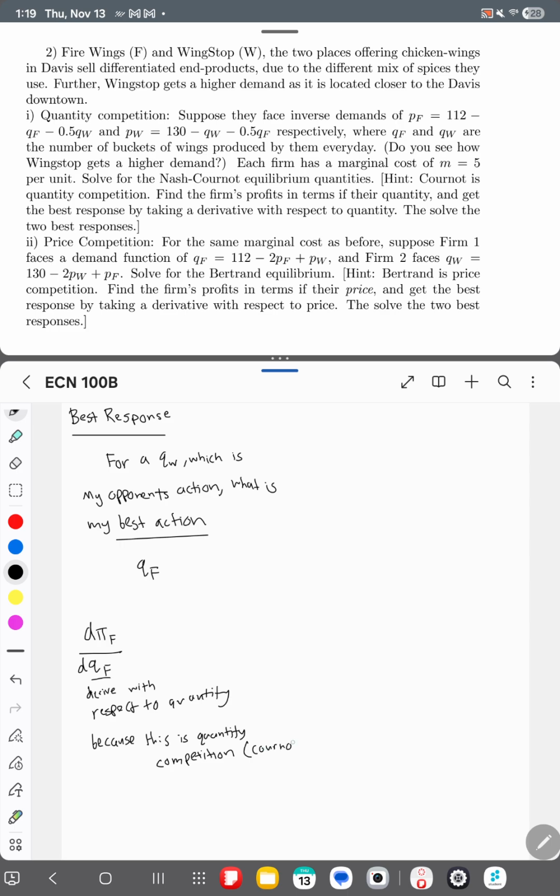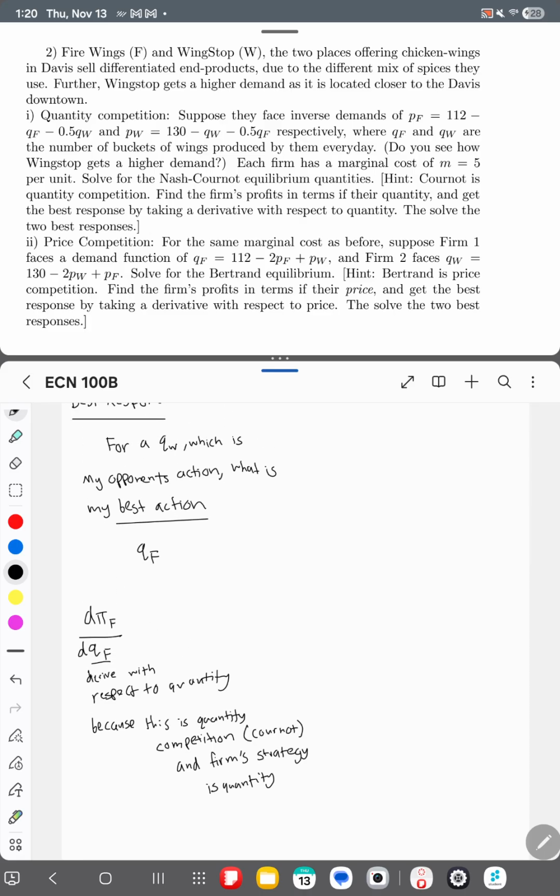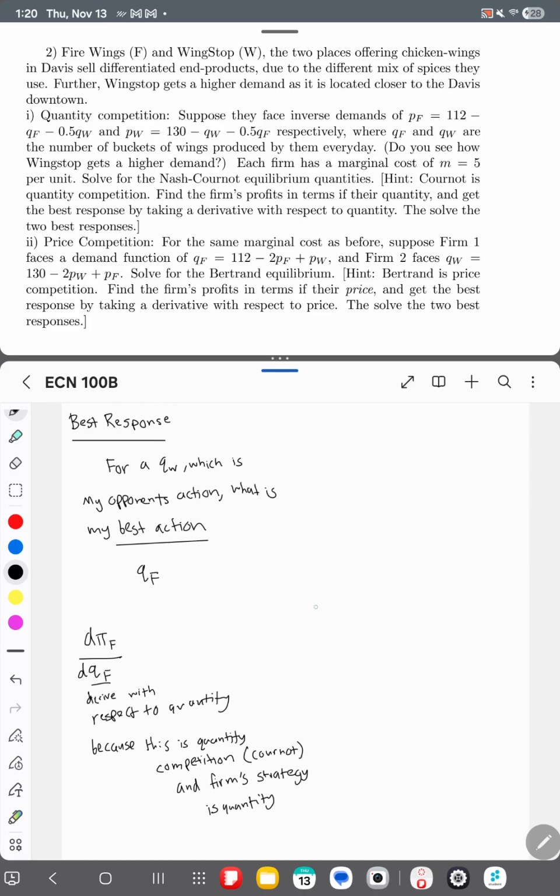So you need to take the derivative and set it equal to 0 as we always do. And if you do that, the derivative is going to give you, I'm just going to write it down, you can check it later. It's going to be 112 minus QF minus 0.5 QW minus QF minus 5 is equal to 0. This thing right here is F's best response.